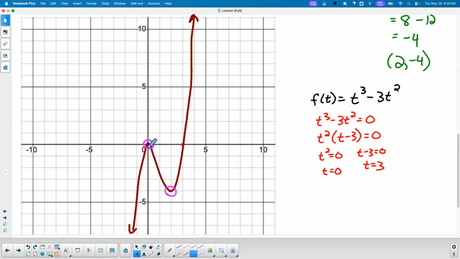Okay, now we're at 0. Now what's my function doing? Not my object, my function. My function is now decreasing, right? So that's a change from increasing to decreasing, right? So we call that a point of inflection.